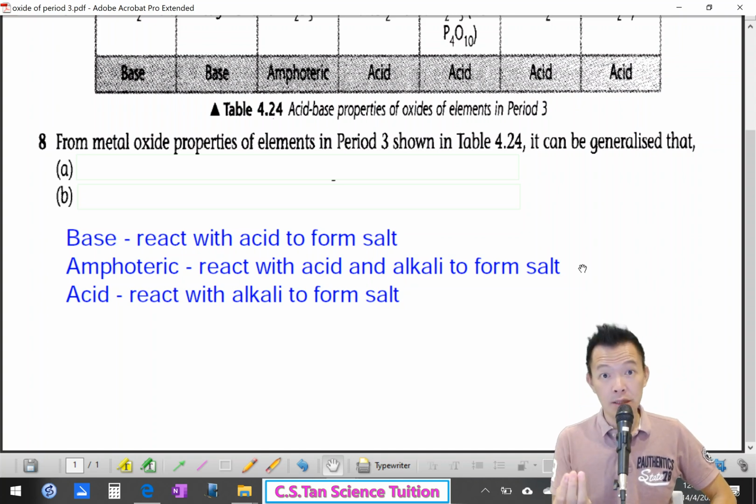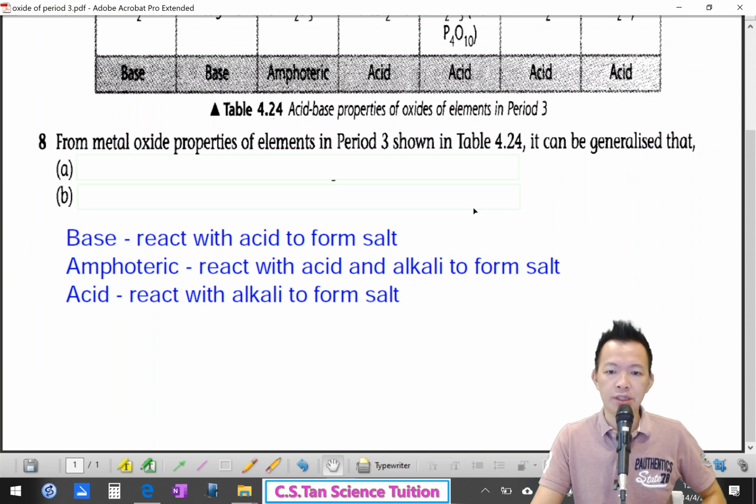OK，要呕了，对不对？一样的东西讲这样久，不要怪我，非常非常重要，我不能重复。不过现在你能重复，我不能重复，你能重复。So from the metal oxide properties of the element in the period number 3, it can be generalized that.